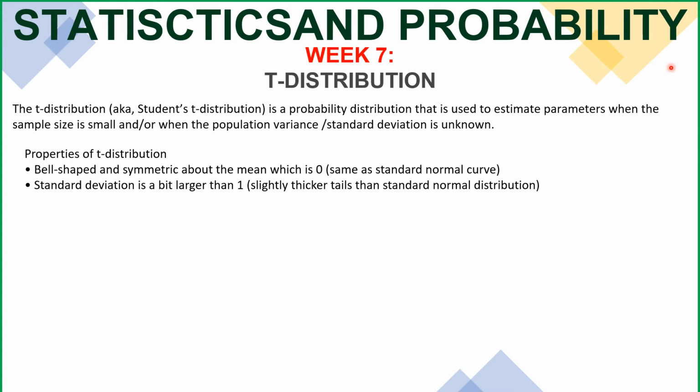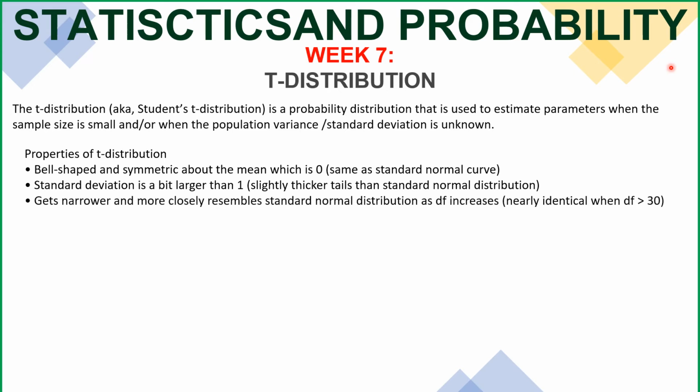So, slightly thicker tails than standard normal distribution na normally nakukuha natin below 1. So, gets narrower and more closely resembles standard normal distribution as DF increases. So, nearly identical when DF is greater than 30.